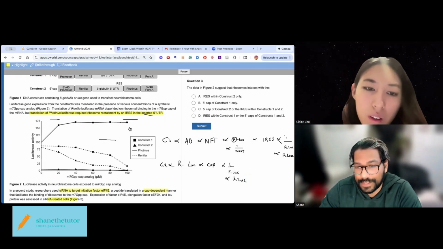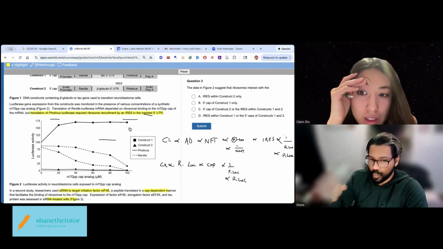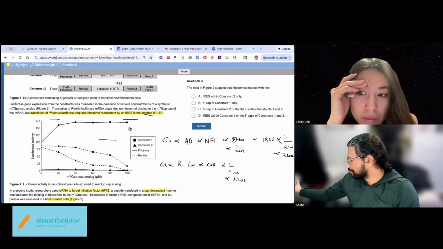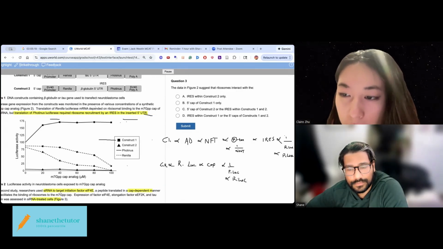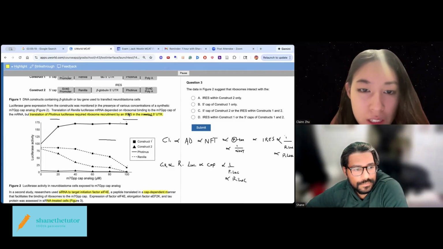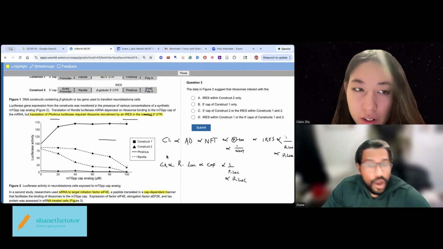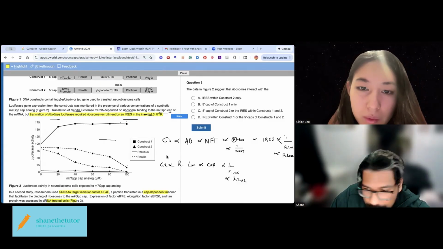All right. So I guess the conclusion here is that construct one with tau is proportional to the Photinus one, so it requires IRES. So construct one basically needs IRES, whereas construct two, oh yeah, I forgot about that part. Okay, so the Renilla one involves the cap.